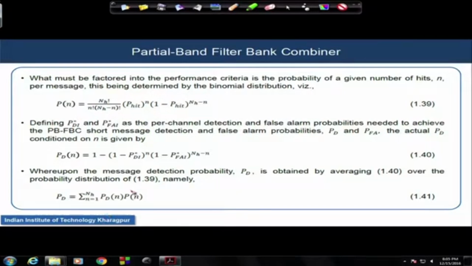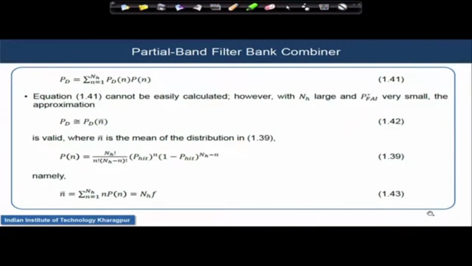So now we can redefine the total detection probability, given that value n, as expression 1.40. The total detection probability will be PD given n multiplied by P of n, going by the equation of probability of detection.